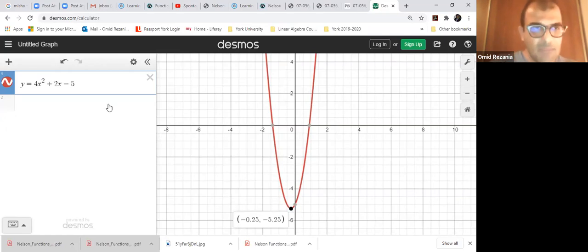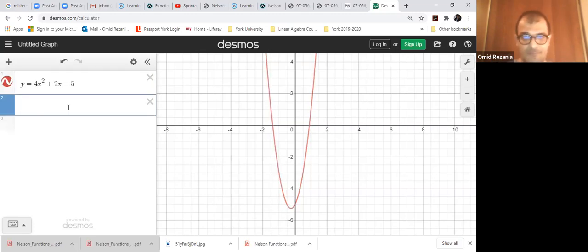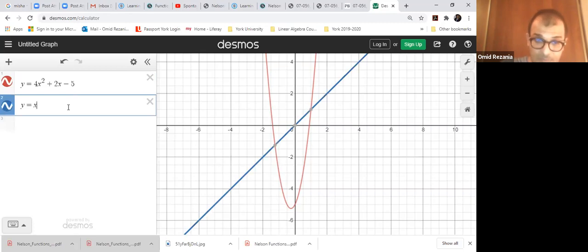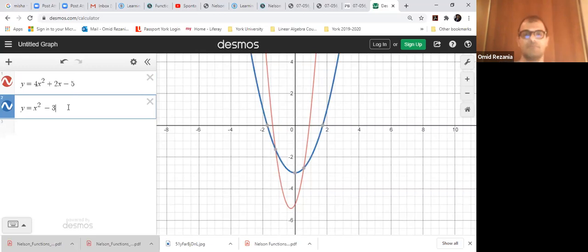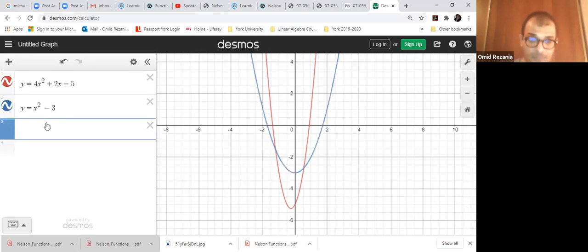But I'm going to plot another function with a different color. I call that y equals, for example, x squared minus 3. I'm going to plot another function, but with a positive leading coefficient.